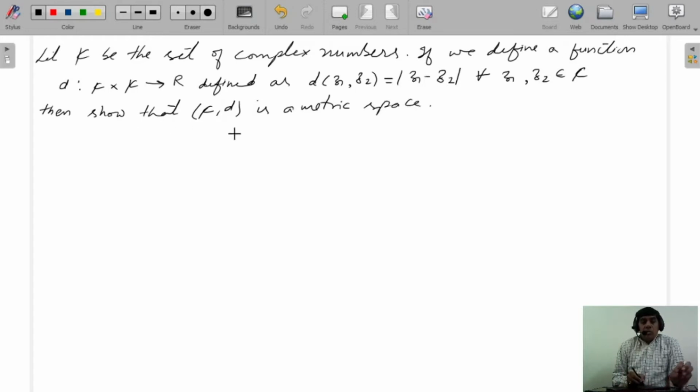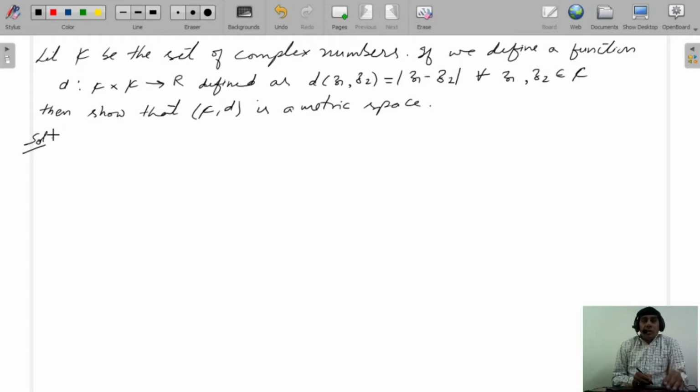To prove (C, d) is a metric space, we shall prove all the four properties of the metric space. First, d(z1, z2) is greater than or equal to 0 for every z1, z2 belongs to C. Second, d(z1, z2) is equal to 0 if and only if z1 is equal to z2.